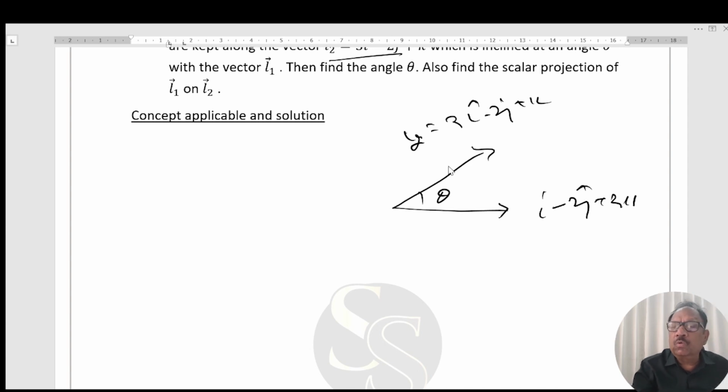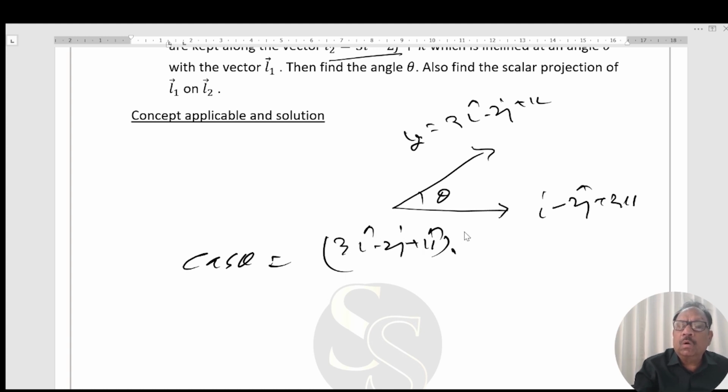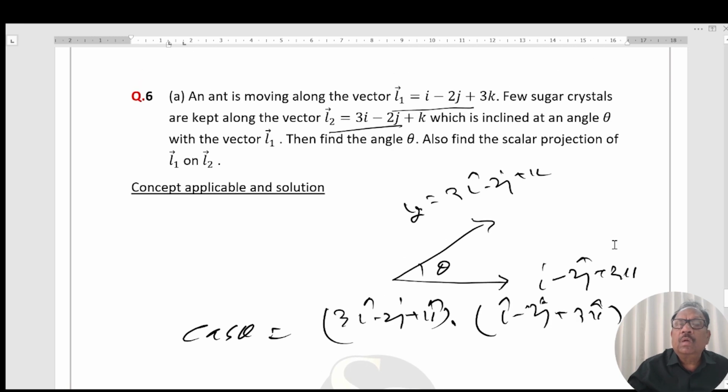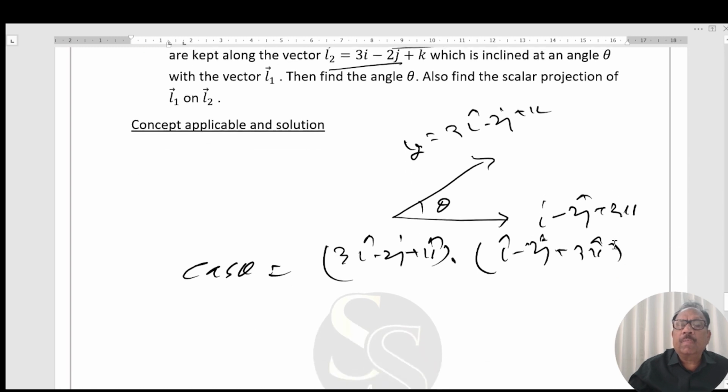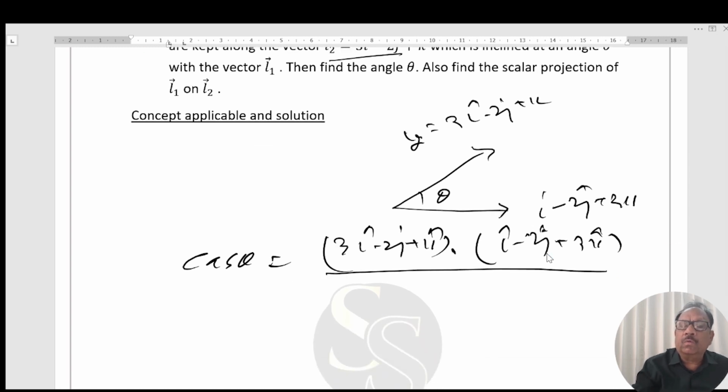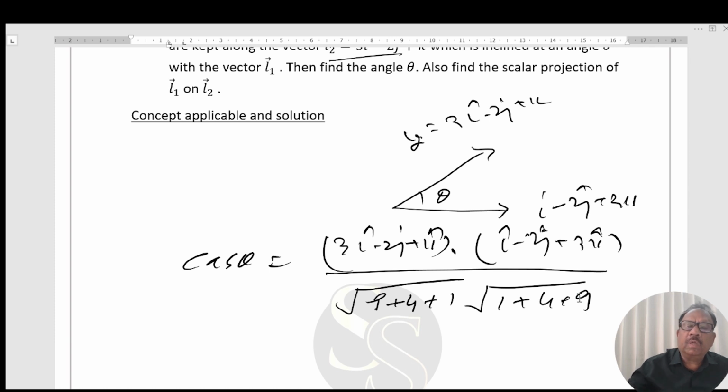You can use the dot product: cos theta equals the dot product of 3i minus 2j plus k and i minus 2j plus 3k, upon under root 9 plus 4 plus 1 times under root 1 plus 4 plus 9, that is 14.